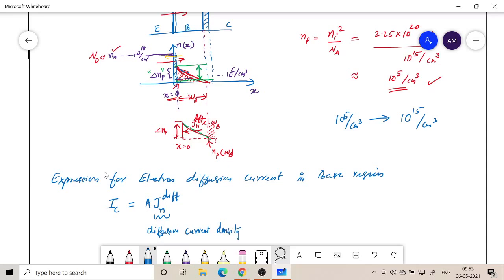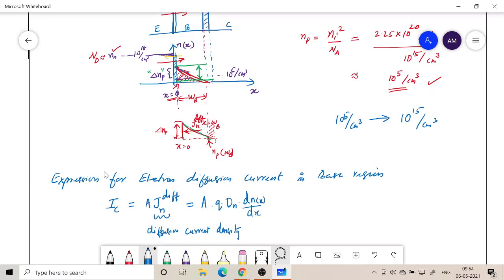So if you multiply that with the area of cross section of this device, you will get basically the collector current, and so that is equal to A into, now what is this Jn expression? So Jn diffusion is basically given by Q, that is the charge of the electron, then Dn, then dn of x by dx.